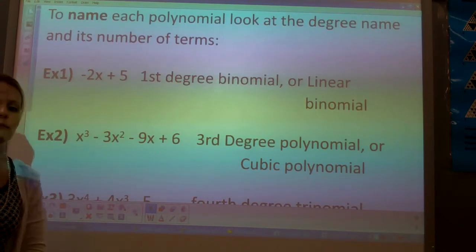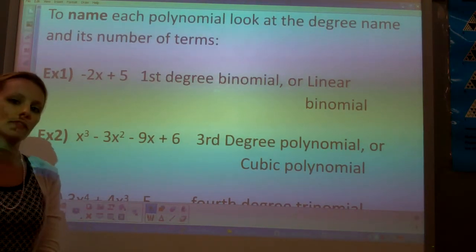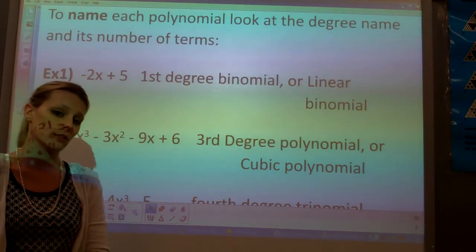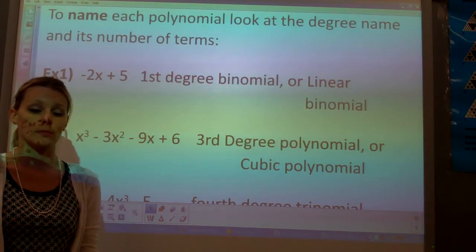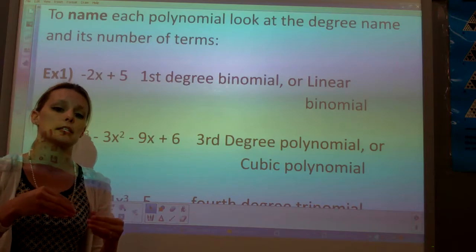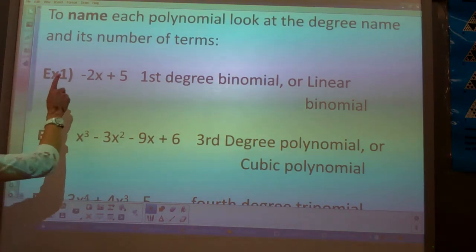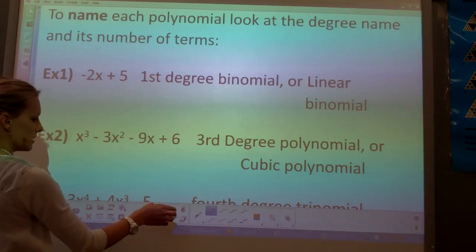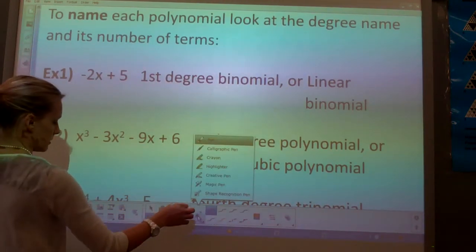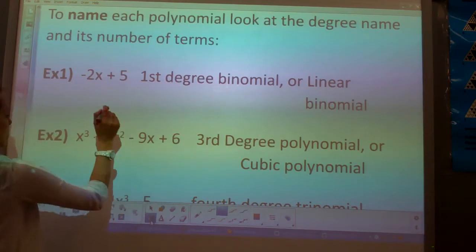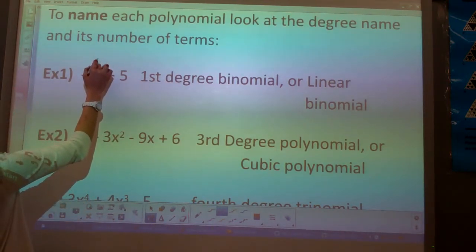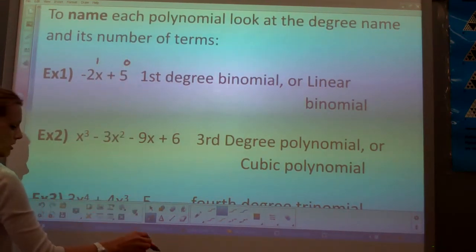So let's get back to naming the polynomials. We've learned how to name them by degree, and we've learned how to name them by the number of terms. So we need to put those two things together to name the polynomial completely. For example 1, this has a degree of 1, and this has a degree of 0.